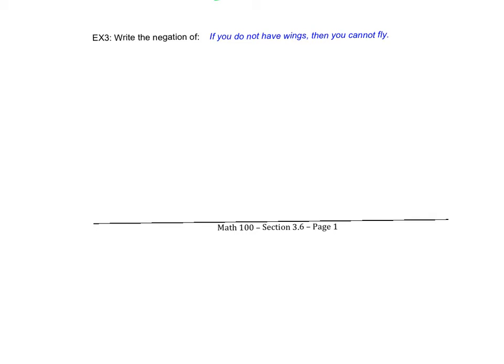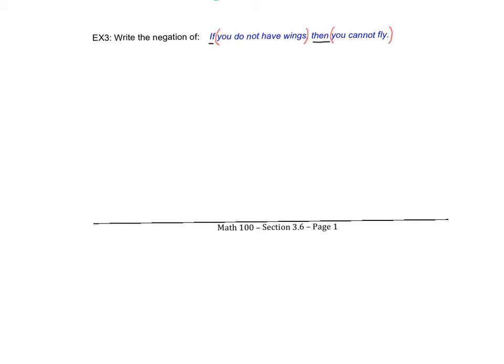Example 3, we're going to look at something that's in words. So let's say that we wanted to write the negation of the statement, if you do not have wings, then you cannot fly. Well, you could just follow the pattern. First of all, notice that this is the if, then, and then I have my statement, you do not have wings, you cannot fly. So we can keep it in words. Remember, it's keep the first statement. So you do not have wings stays.